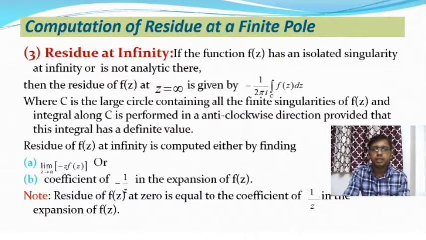So in this case, if the function f of z has an isolated singularity at infinity or is not analytic there, then the residue of f of z at z is equal to infinity is given by minus 1 by 2 pi i closed integration over c of f of z dz, where c is the large circle containing all the finite singularities of f of z, and integration along c is performed in the anti-clockwise direction, provided that this integral has a definite value.